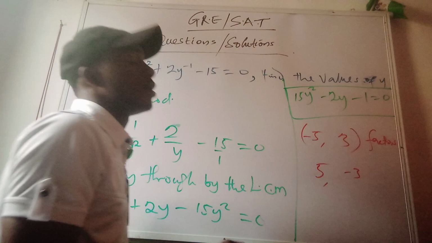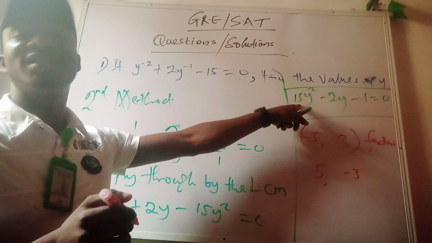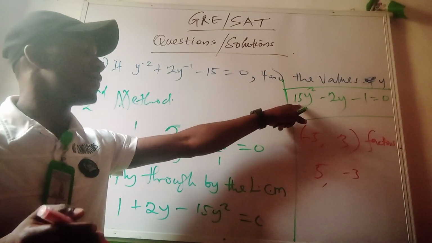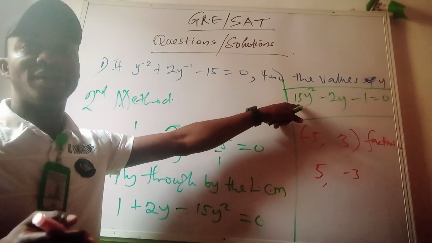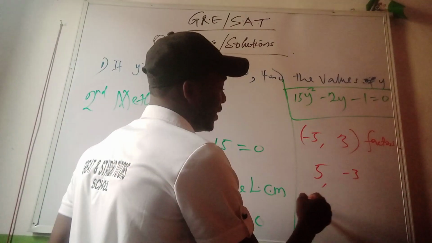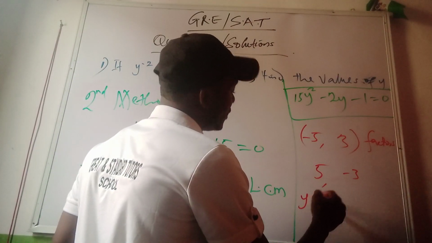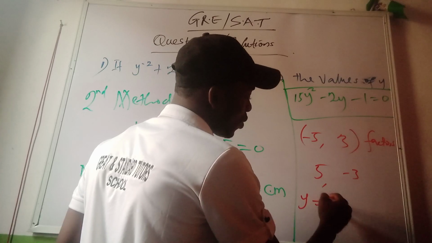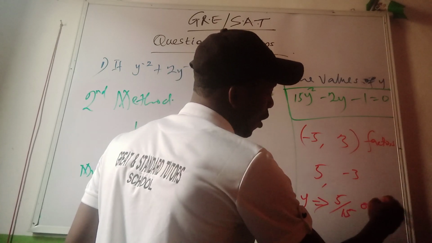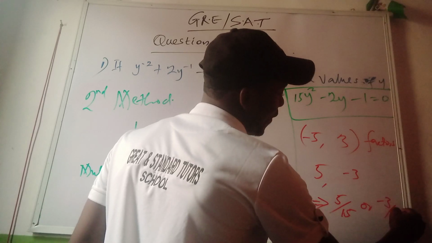But that's not all. Reason being that my coefficient here is greater than 1. I think I have to clarify myself now. My coefficient here is greater than 1, so whatever is here, I will divide it by my final answer. So finally, y is equal to 5 over 15 or minus 3 over 15.